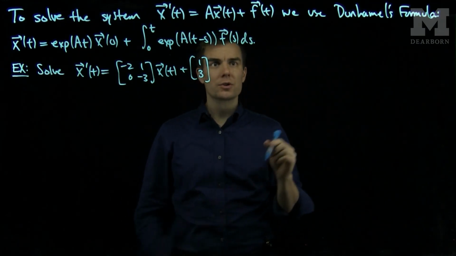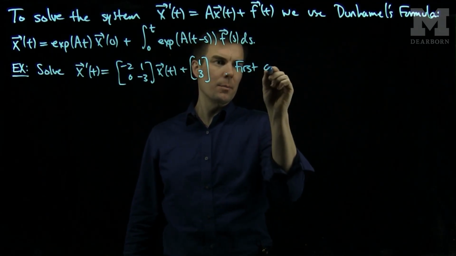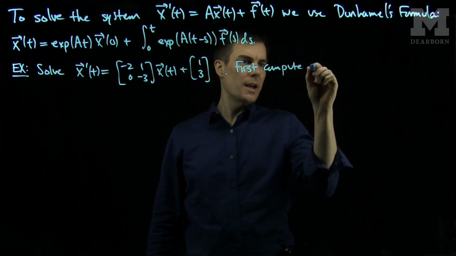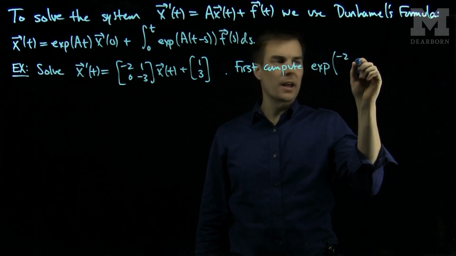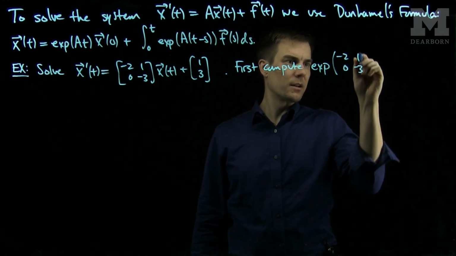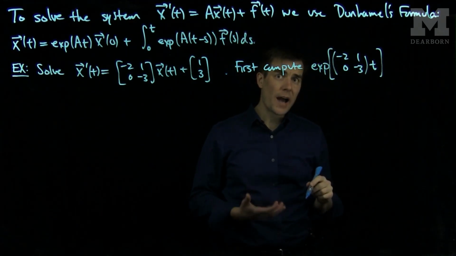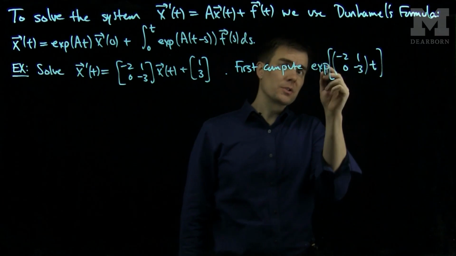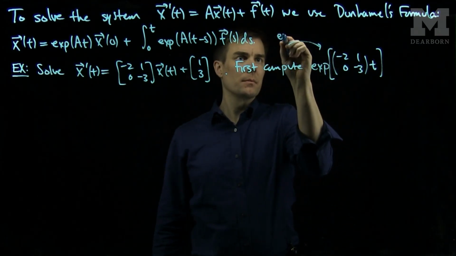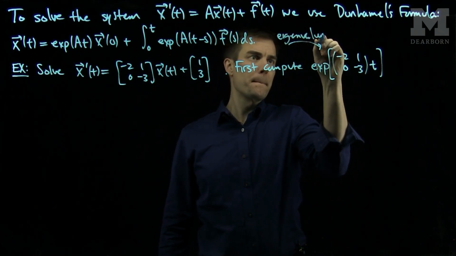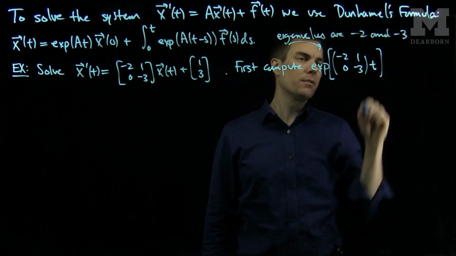So let's first compute the exponential of the matrix negative 2, 1, 0, negative 3 times t. To do this, we'll need to find the eigenvalues of this matrix. But since this matrix is upper triangular, its eigenvalues are the entries on the diagonal. So the eigenvalues are negative 2 and negative 3.